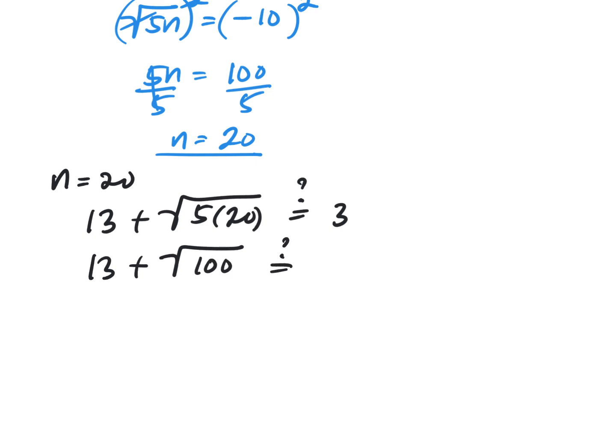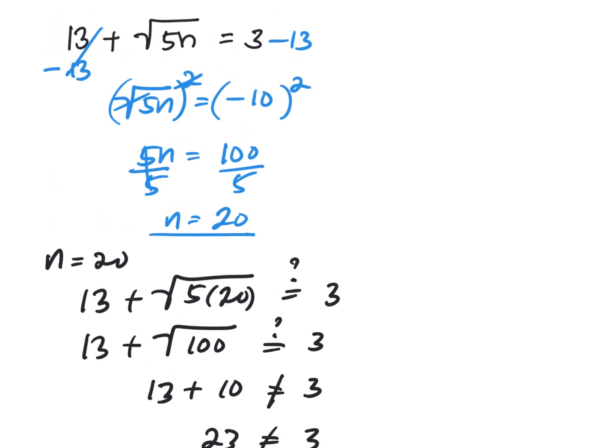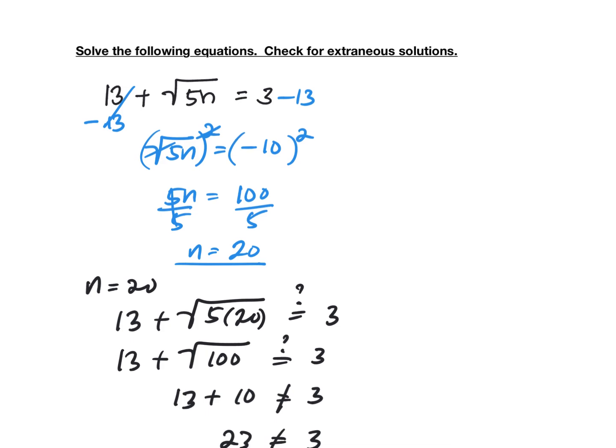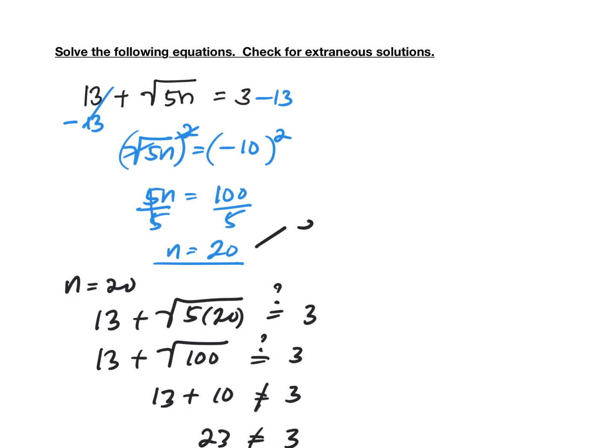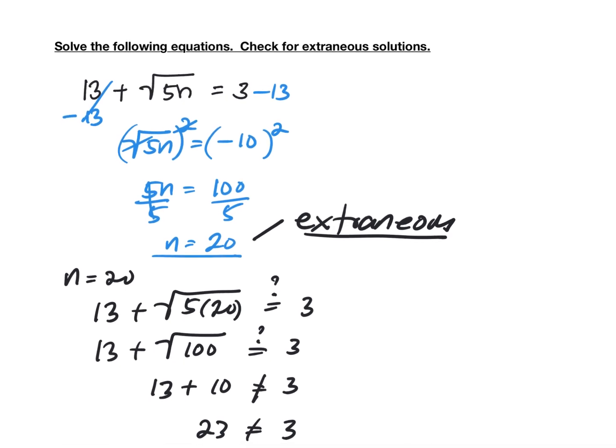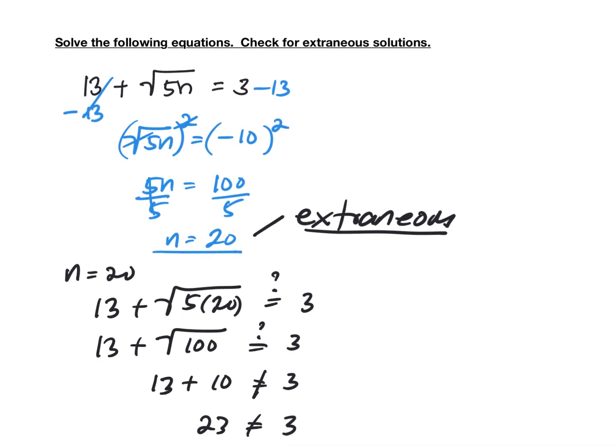Is it equal to 3? 13 plus 10 is not equal to 3, because 13 plus 10 is 23 and 23 is not equal to 3. Therefore, the answer here is extraneous. So what about the real answer? There is no real solution, because all we found, algebraically speaking, is just extraneous.